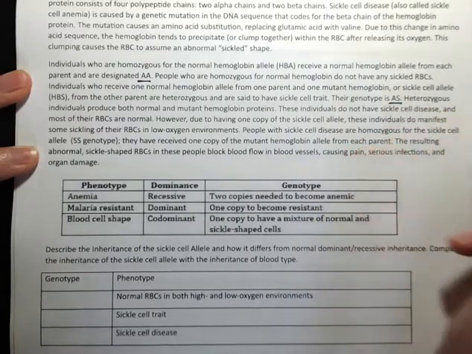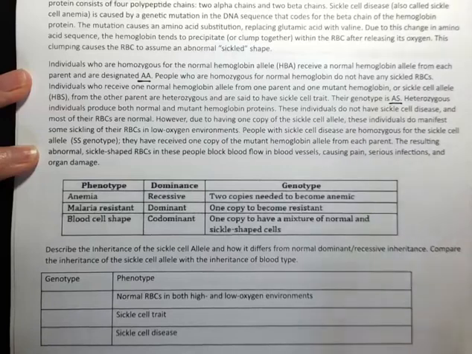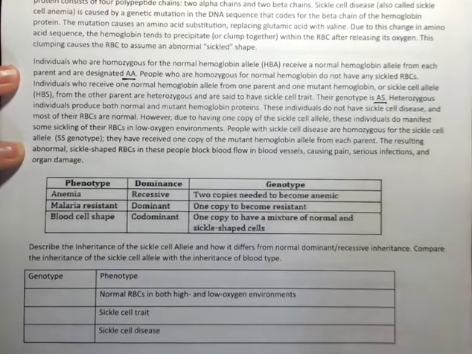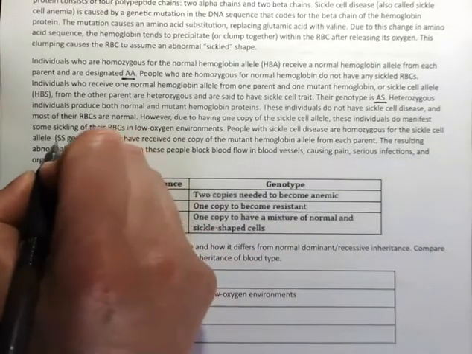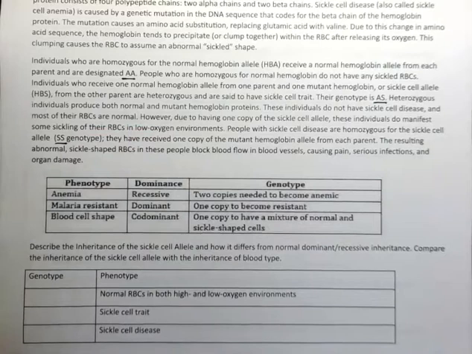So if you're heterozygous, you're going to be AS, and we say that you have sickle cell trait, but not sickle cell disease. It's a less deadly combination, I guess. You have some cells that will remain normal while others will become sickled. And then if you have both of the sickled alleles, then you have sickle cell disease.